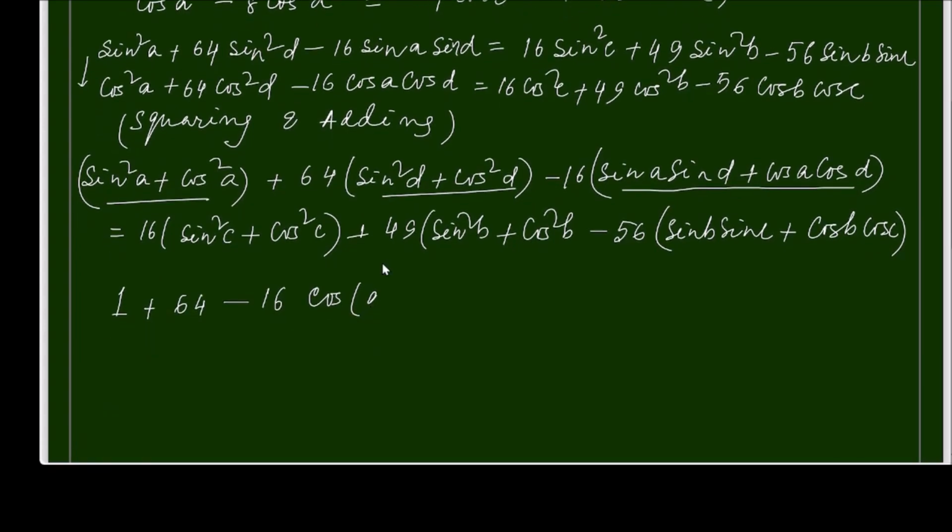A minus D. Yes, I'll write cos of A minus D is equal to, on the right side I'll get 16, again multiplied by 1, plus 49 times 1, minus 56 cos of (B minus C).